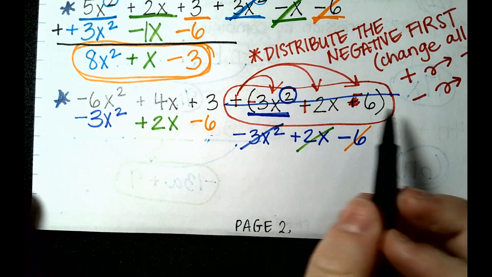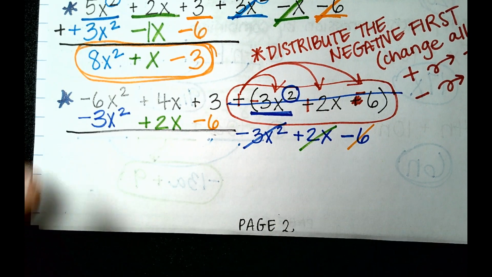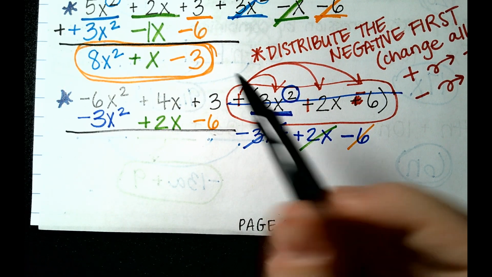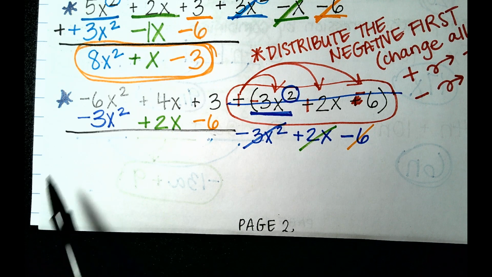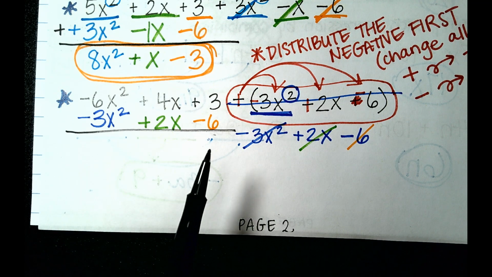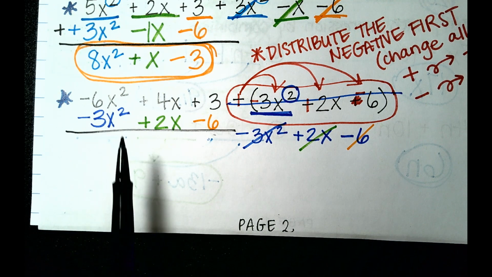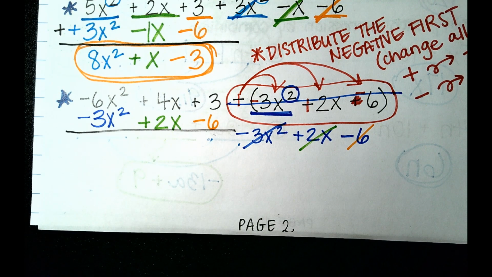So that's the trickiest part about this, is just remembering to change the signs. But now we can combine them and add them all together. So negative 6x squared minus 3x squared. Negative 6 minus 3.